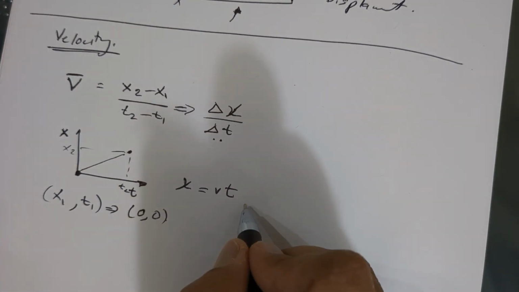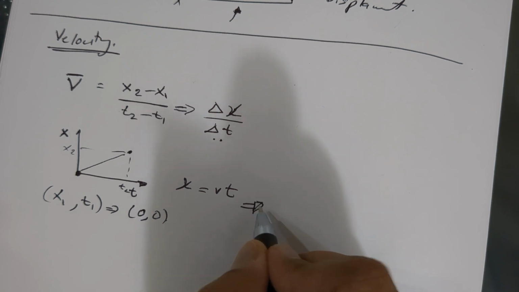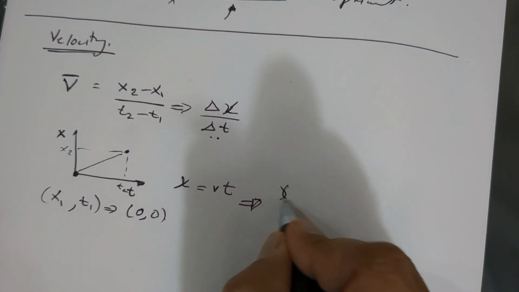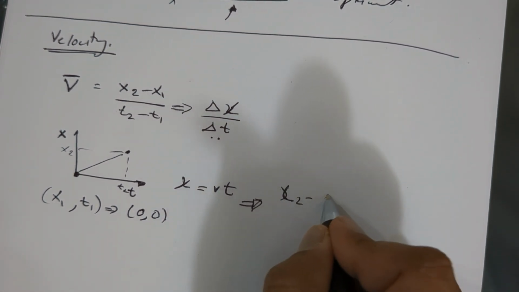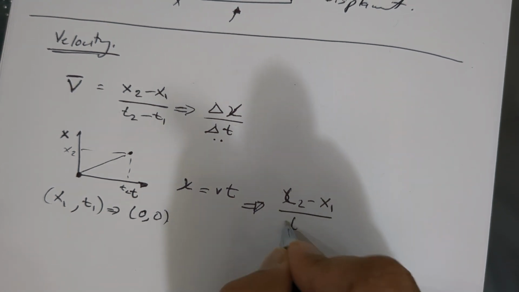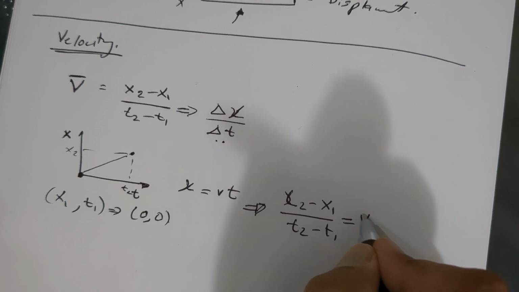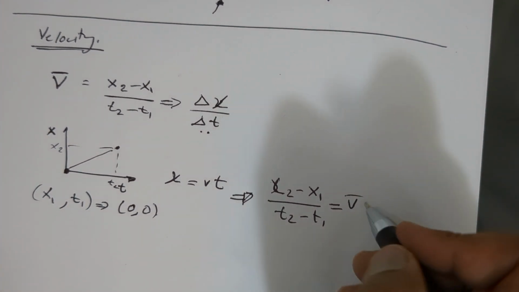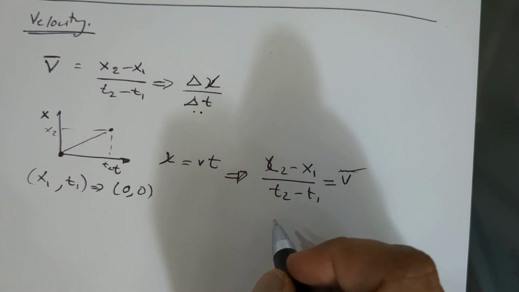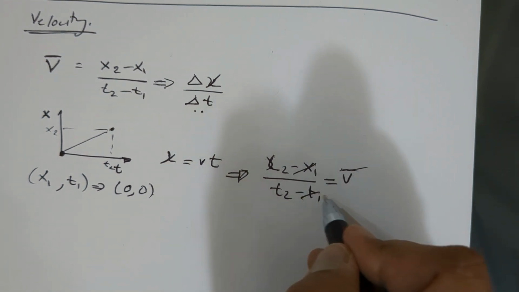Just to show you how we got this, it's x2 minus x1 over t2 minus t1 equal velocity. In this case, it's just simple velocity, right? So that's zero, that's zero.